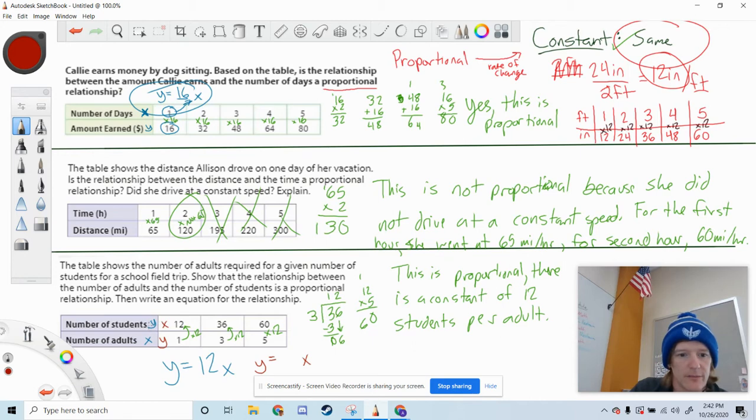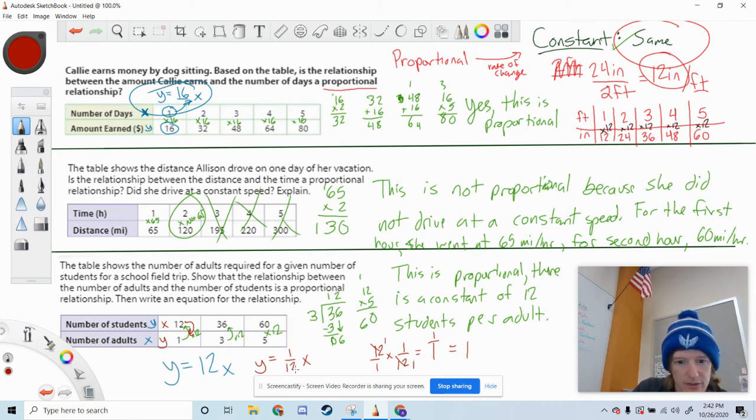Let's see, what do we multiply by to go from 12 to 1? 12 times 1/12 equals 1, because those 12s could reduce into 1s.